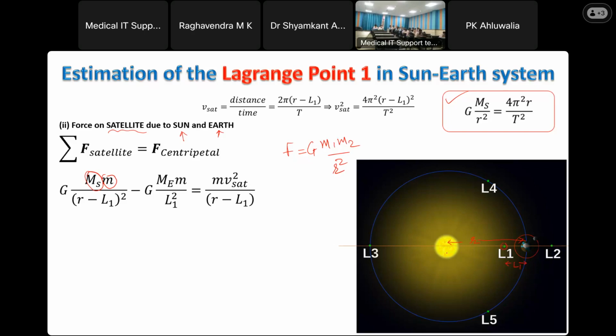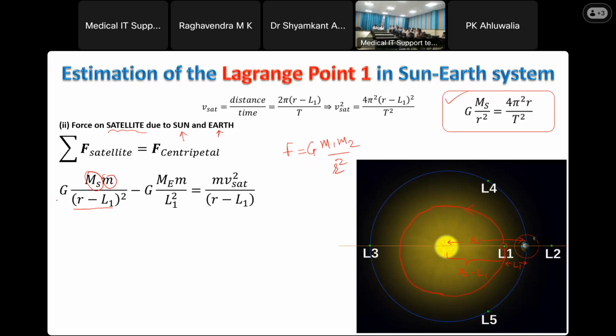So when we want to account for distance between L1 and Sun, it will be R minus L1. So R minus L1 is this distance where the satellite is going to orbit around Sun along with Earth. So this is the trajectory followed by the satellite here.